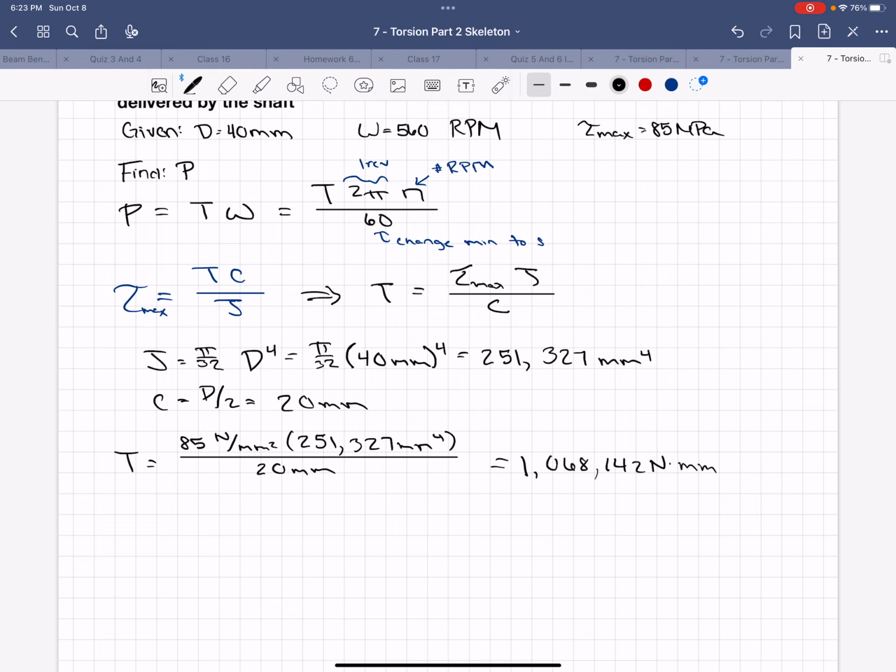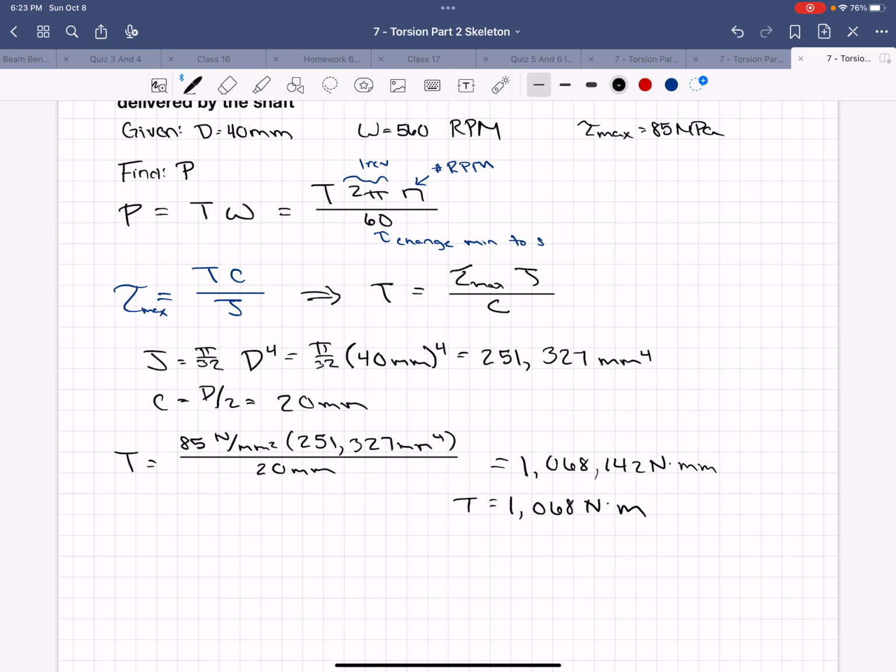All right, so then for the power, we're going to write this first as T equals 1,068 newton meters.